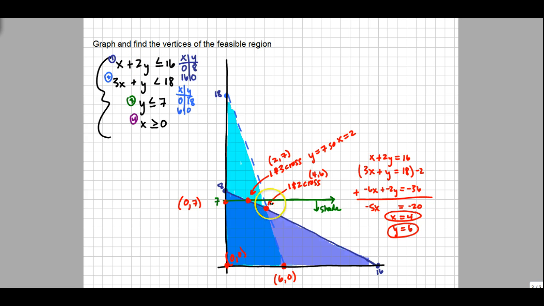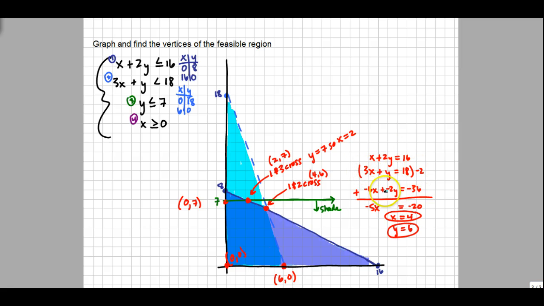Similarly, for this other coordinate here at (4, 6), I know it's where the first 2 equations cross each other. So I did a quick little linear combination just to ensure that it was indeed crossing at (4, 6). I did a little linear combination with the top 2 equations, multiplied the bottom equation by a -2 to get the y's to cancel. Know that you could have multiplied the top equation by a -3 to get the x's to cancel.